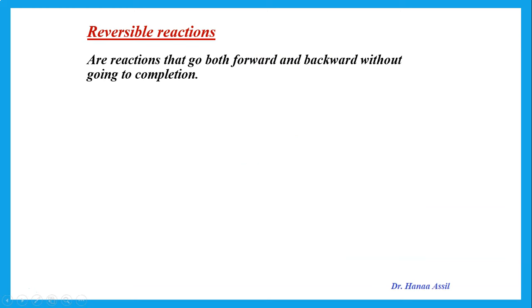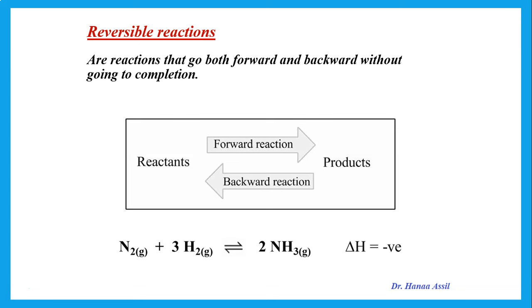This starts with chemical equilibrium. So we know that chemical equilibrium involves reversible reactions, which are reactions that go both forward and backward without going to completion. A reaction like nitrogen plus hydrogen gives ammonia, and then the ammonia breaks up to form nitrogen and hydrogen, and so on.